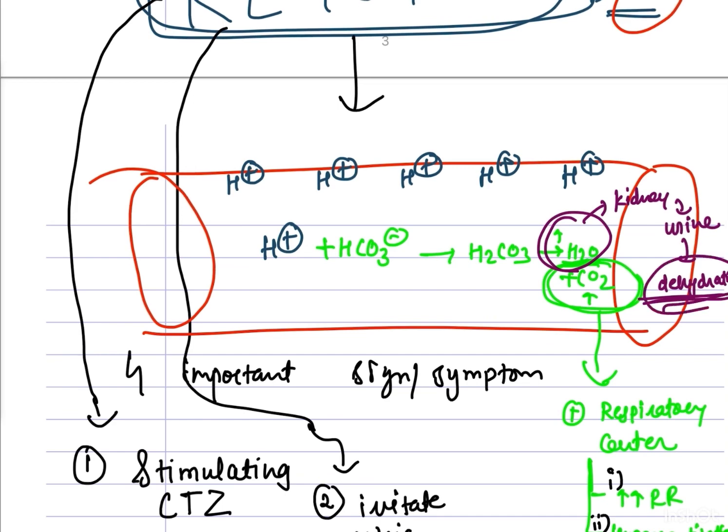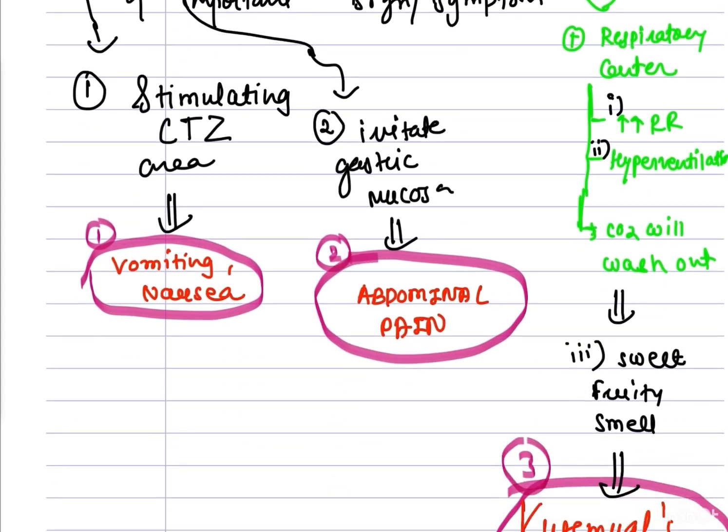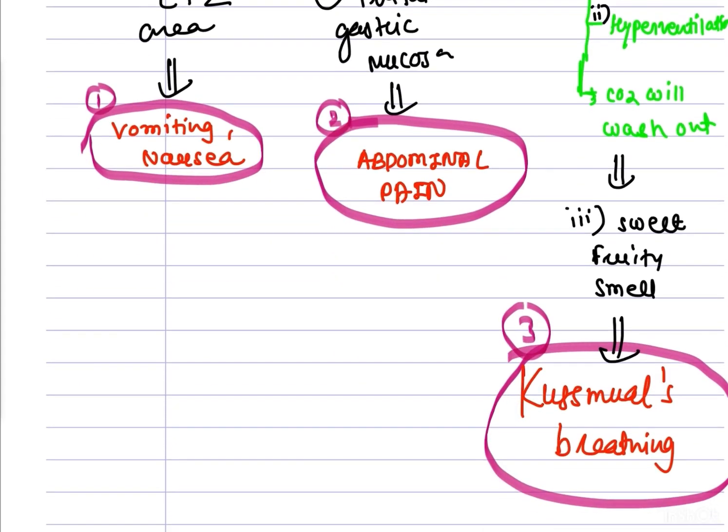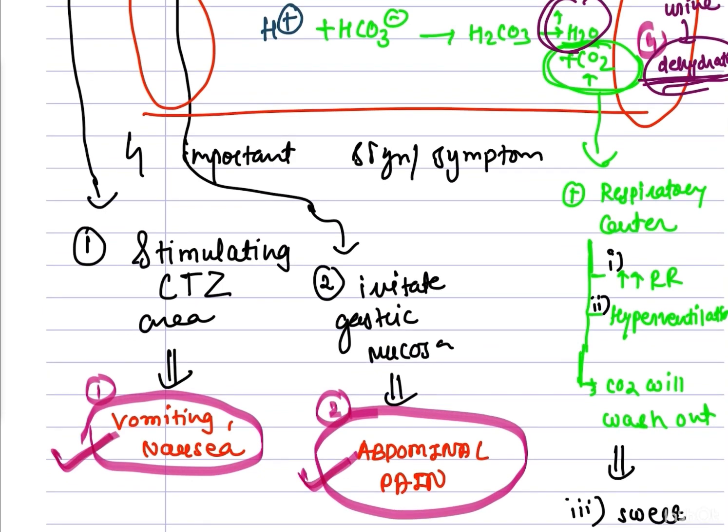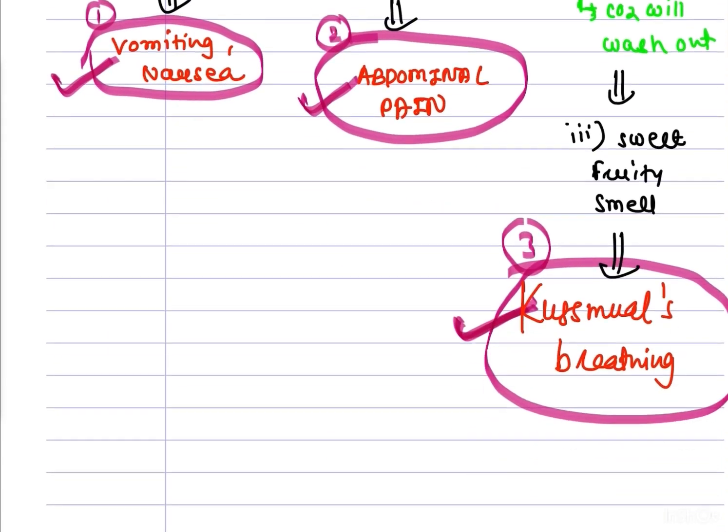This is our number 4 symptom. But symptoms and signs number 1, 2 and 3 are due to ketone specifically, while this is due to the excess amount of water in the body. So this is the presentation of our diabetic ketoacidosis patient.